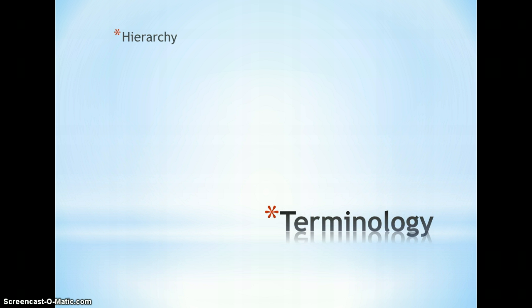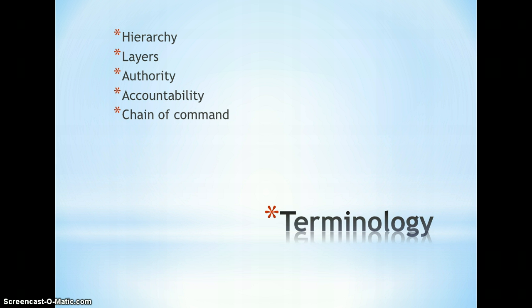So that terminology: hierarchy, layers, authority, accountability, chain of command, line manager, subordinates, span of control. Okay, they all describe different things on that diagram, and you've got to be able to use those terms to describe a diagram in an exam.